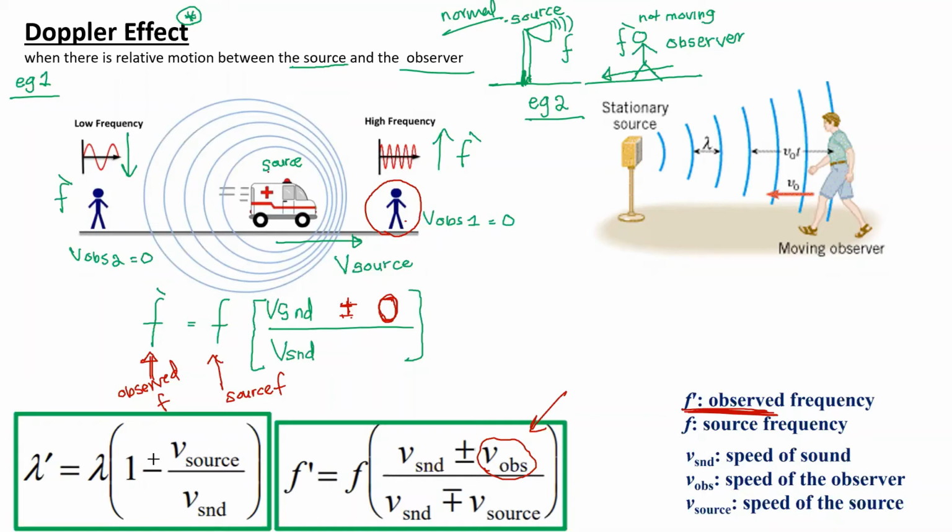In this example, what is moving? The source is what's moving. So we have this term here, V source. So what is it going to do? It should increase the frequency, right? So here you should have a negative sign to increase this value. When you divide V sound by a smaller value, you get a larger value here, right? Yes. If you divide some number by a small value, then you will get a bigger value.